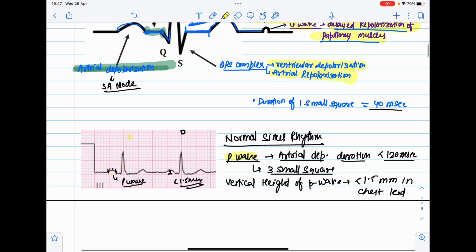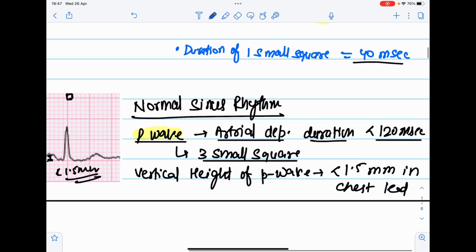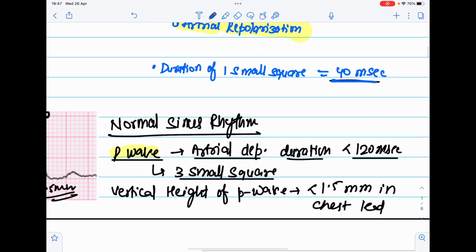Now we will go to the ECG. When you see this ECG, in one complete large box there are 5 small boxes and the duration of one small box is 40 milliseconds. Now you will ask why I am telling you this.